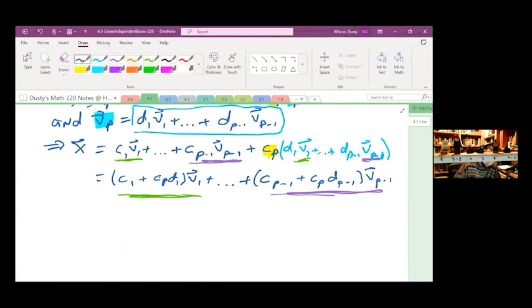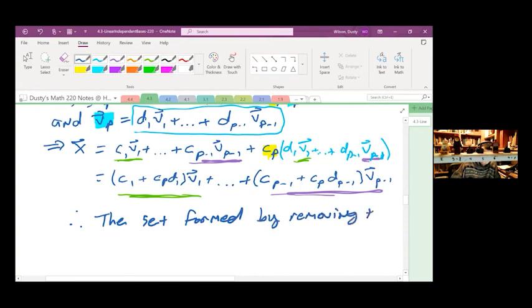In other words, therefore, the set formed by removing the old VK still spans H. Which is the end of part A.